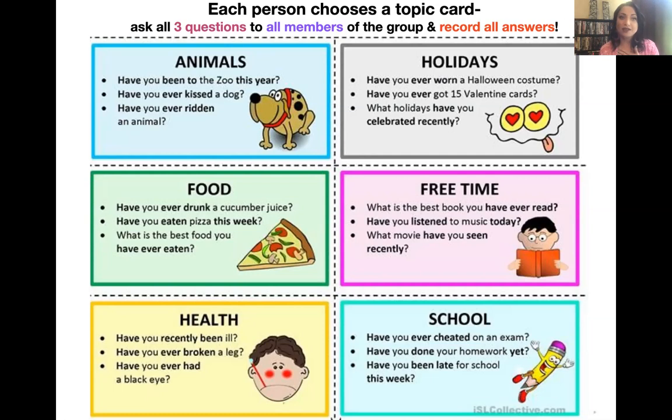Have you ever kissed a dog? Have you ever ridden an animal? And I will ask this person, and this person. And I will write down their answer. And then this person, what is the best book you have ever read? And I ask this person, this person, this person. Write down the answers. So 4 different people, 4 different cards per group. Each person picks a different card. Okay?